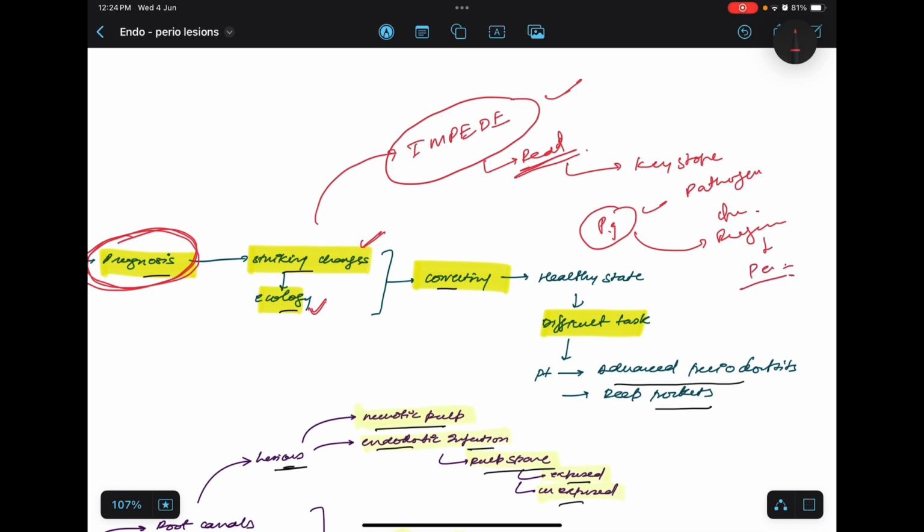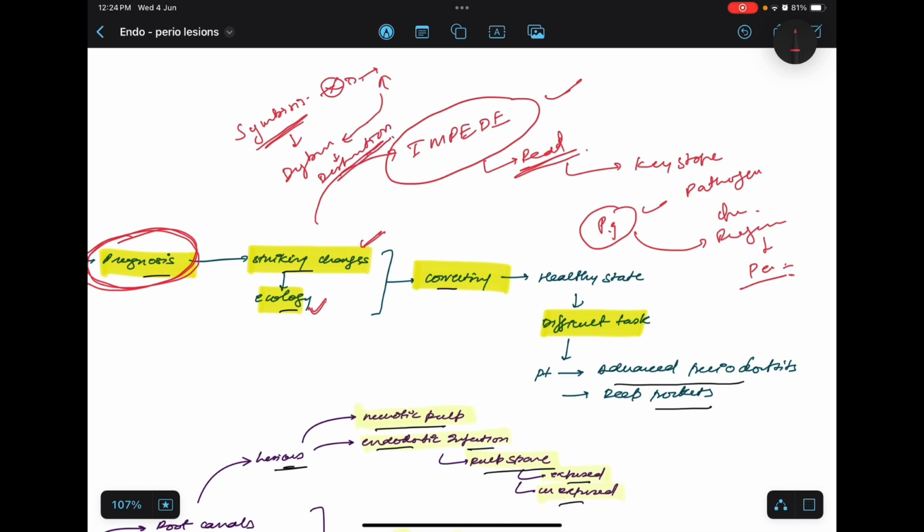So what happens whenever there is dysbiosis? Mostly we exist in a condition of symbiosis, as in there is no disease. But when this moves to dysbiosis, the diseased organisms increase in number and start destruction of the tissues.